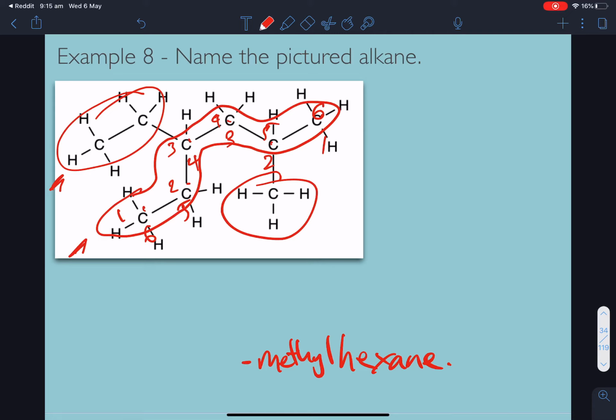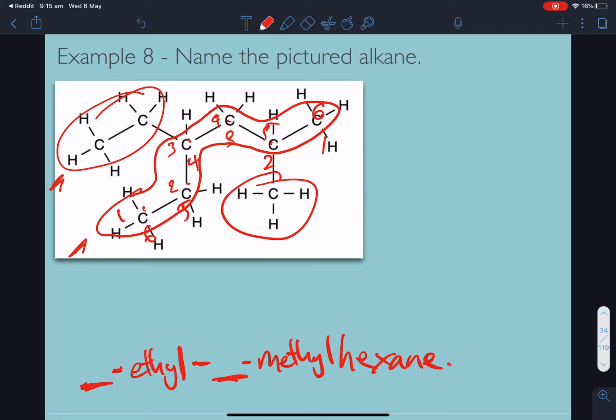The methyl has to be on a number. I'm going to leave a dash as a placeholder for a number and come back to it. And the ethyl comes before this, with a dash and a number here. So I've got a number, dash ethyl, dash number, dash methylhexane.